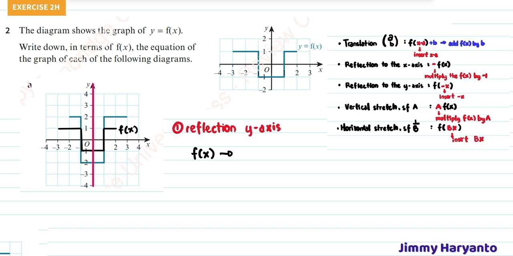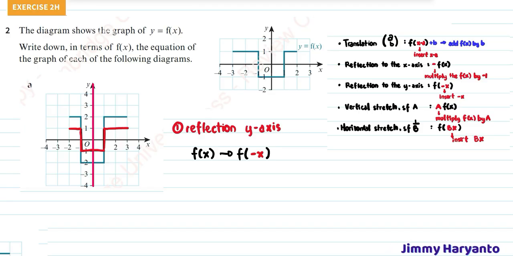Because of the reflection to the y-axis, we will have f open brackets negative x like that. Okay, that is the first. When we draw it, you will have this image like this, like this, and like that. Okay, this is fx after you reflect it to the y-axis.